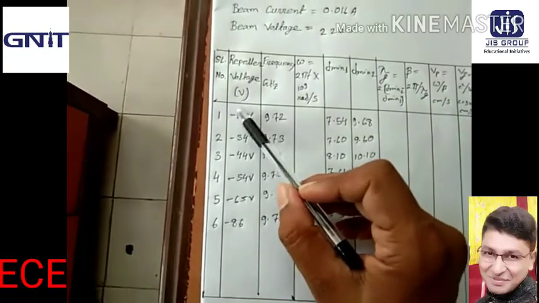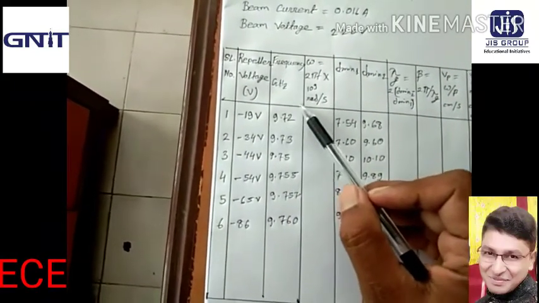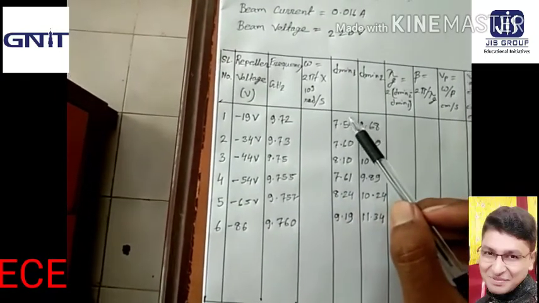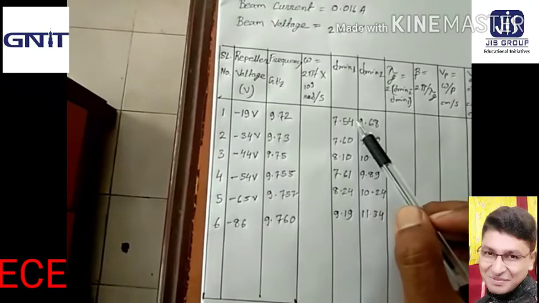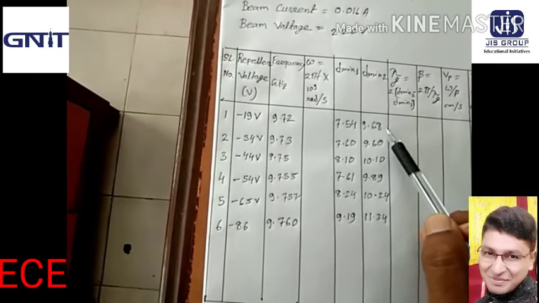This is our first repeller voltage minus 19, then frequency 9.72, then D min 1 is 7.54 and D min 2 9.68.